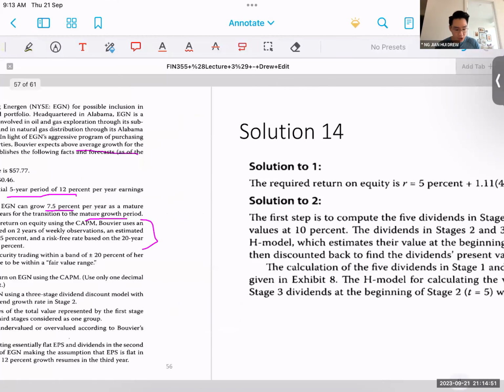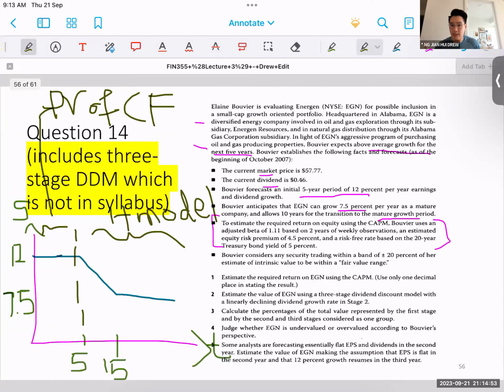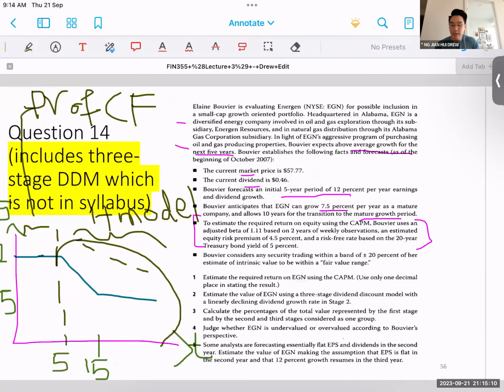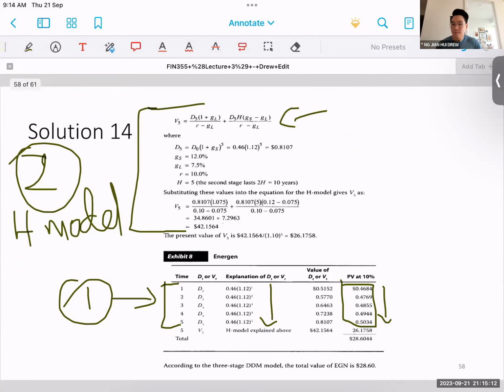It means that this component is going to go on forever, until infinity. So we know that this H model will have to be discounted back. Remember, we need to PV your TV. So you need to PV back your H model. Now let's calculate the H model first before we do the PV of the H model.